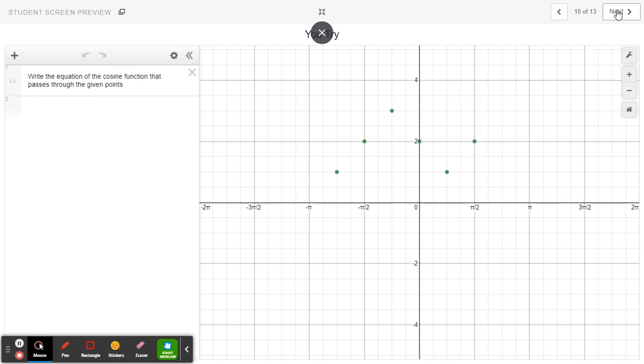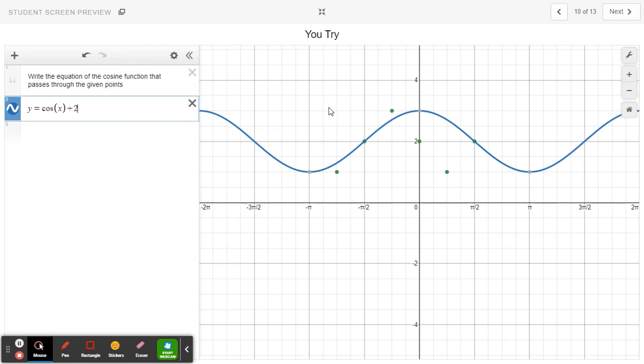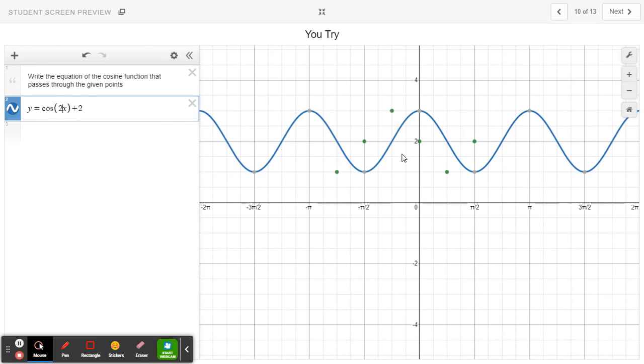Okay, so now let's do this again. It's pretty much the same exact points, but now they want us to do a cosine function. So again, we know cosine of x plus 2. Again, I have to adjust my period. If my period is pi, I need my b to be 2.